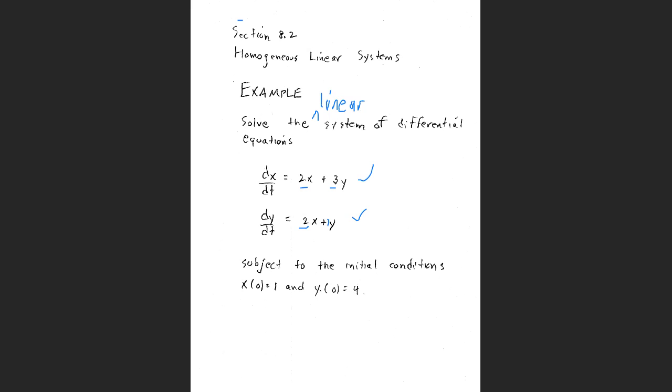What I'm showing you applies to our system of 2 differential equations, but the theory also applies to a linear system of 3 or 4 differential equations. Are there any questions before we move to the solution here?